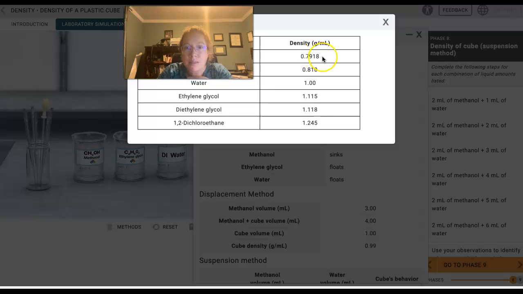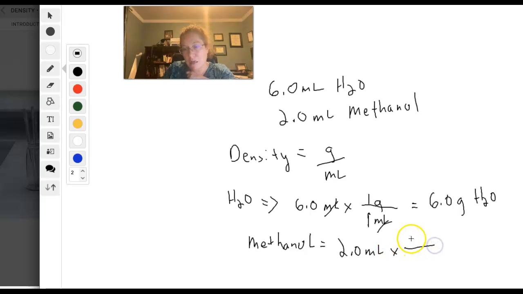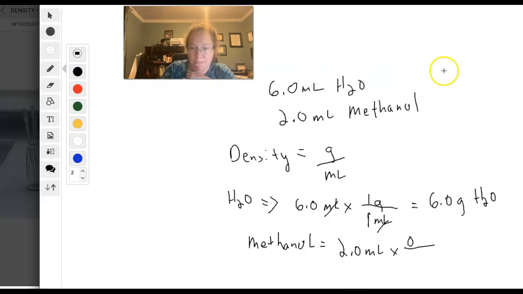Methanol is 0.7918 grams per milliliter. So for methanol we've got 2 milliliters times the density, 0.7918 grams per 1 milliliter.